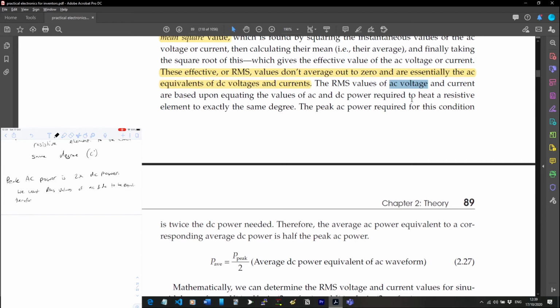Therefore, I don't like writing therefore like this. I need to get into doing symbols again in my notes. Therefore, average AC power is equal to half peak power.